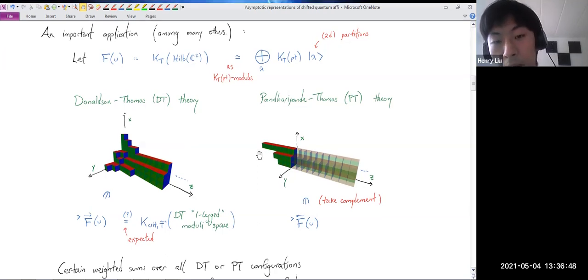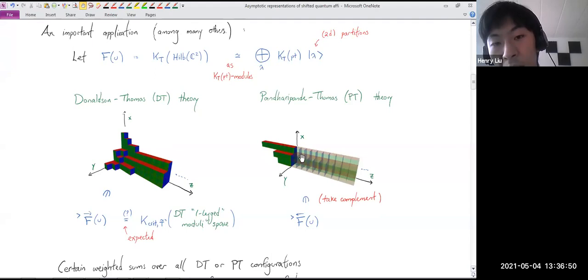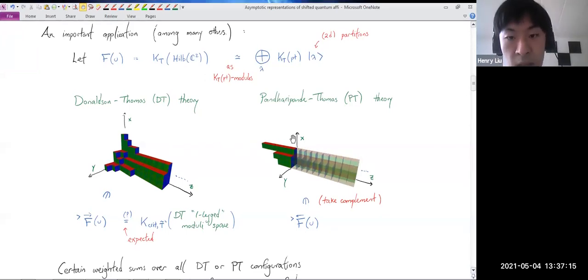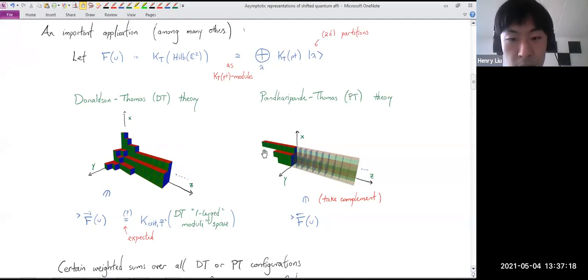But the upside is that, again, in the simple one-legged case, the way you can describe the combinatorics of PT theory is that if you take the complement of the boxes that you're interested in, so if you imagine you have this infinite cylinder that extends all the way into the infinite z direction, if you take the complement of everything that's drawn here, then you will get this descending flag from the negative direction.